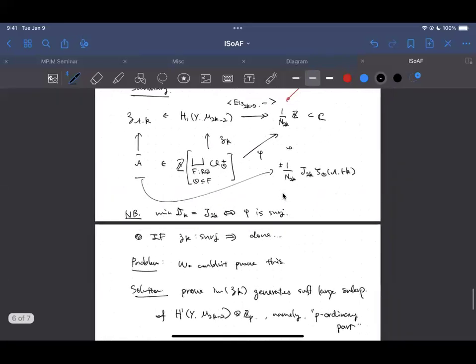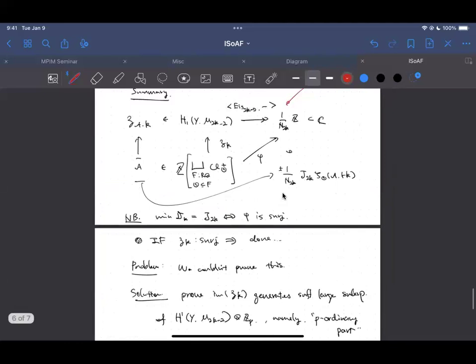So first of all, in order to prove the surjectivity here, it suffices to show that this is surjective after tensoring Zp for every p.